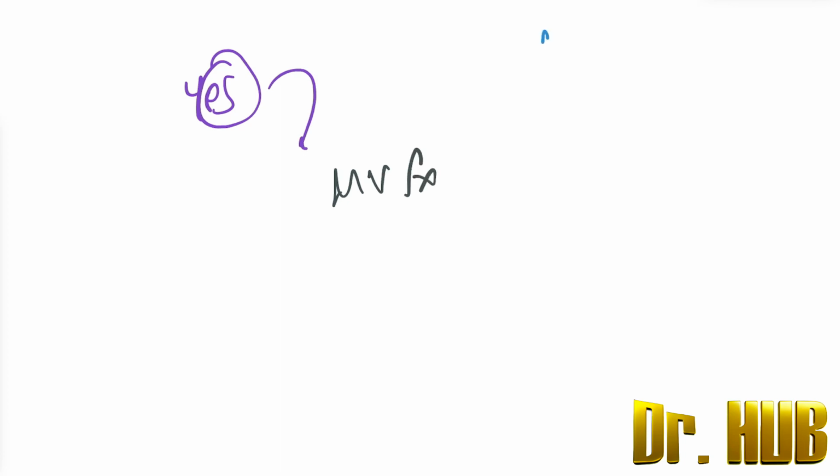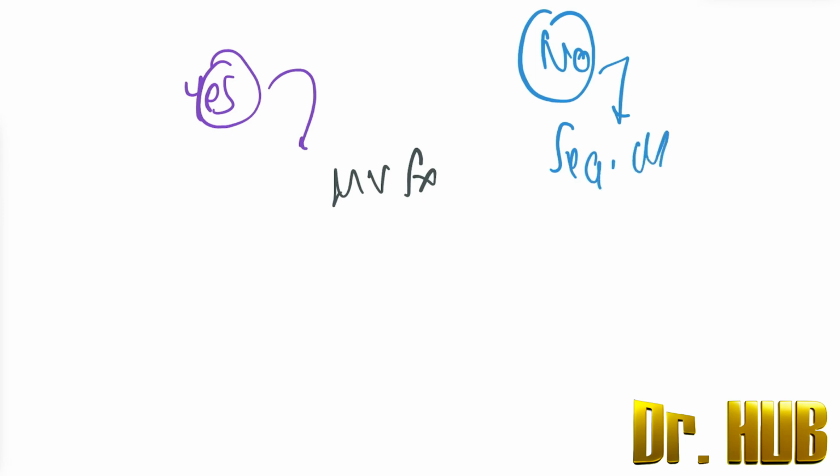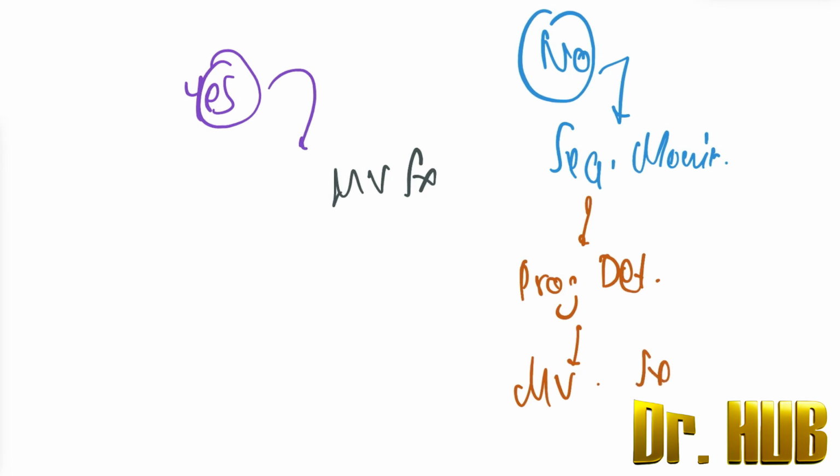There are two possibilities, yes and no. If the answer is yes, you do mitral valve surgery. If the answer is no, you do serial monitoring, and after serial monitoring, on progressive deterioration, you again go for mitral valve surgery.